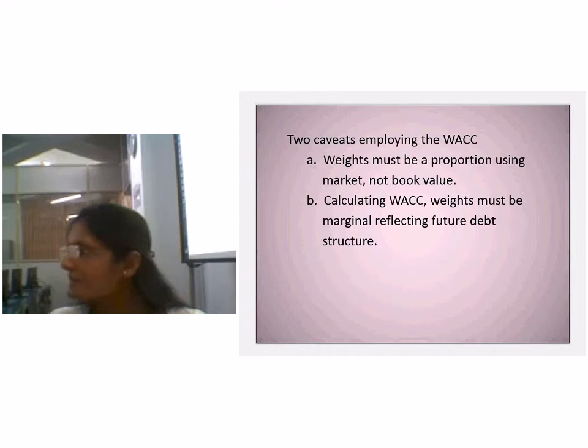It is a must, because of the association of exchange rate to the cash flows, right? The exchange rate is changing every single minute. If such a variable is there, we always have to take the market value, not the book value.